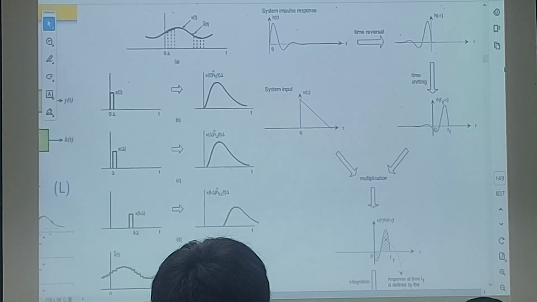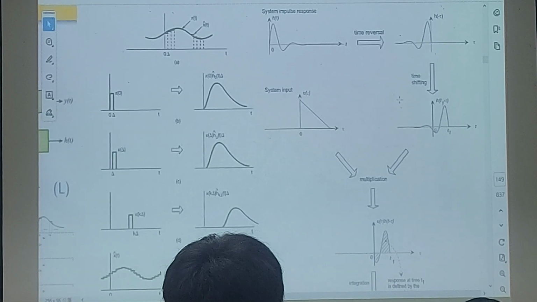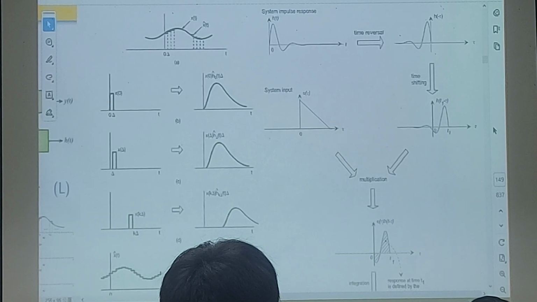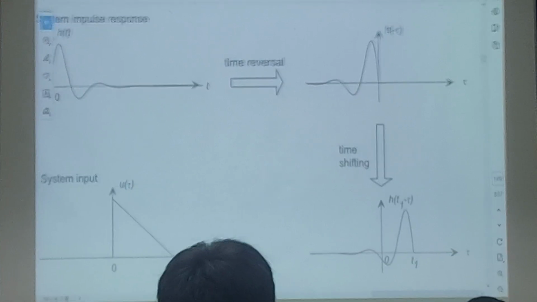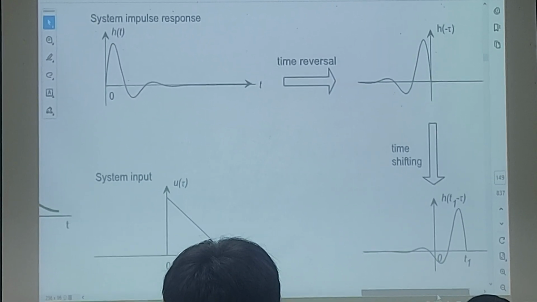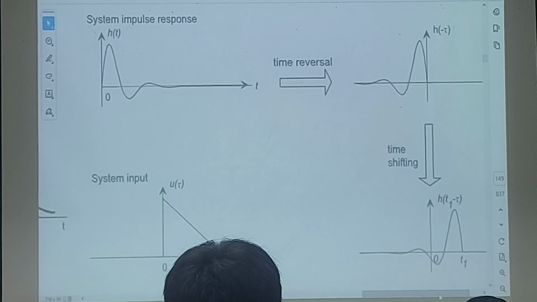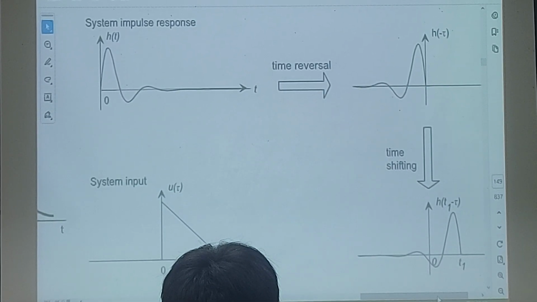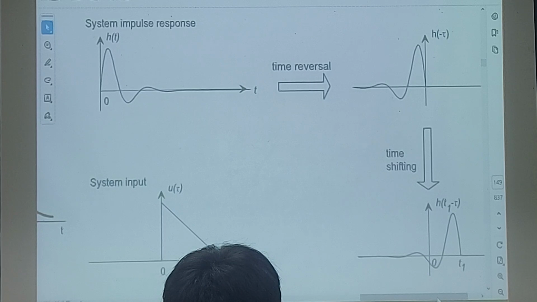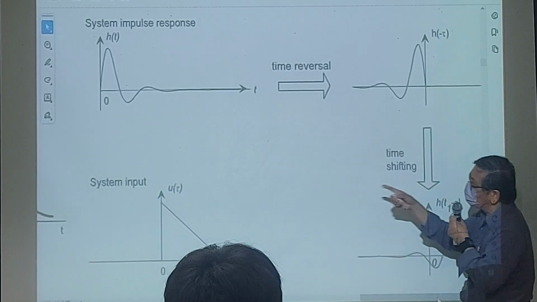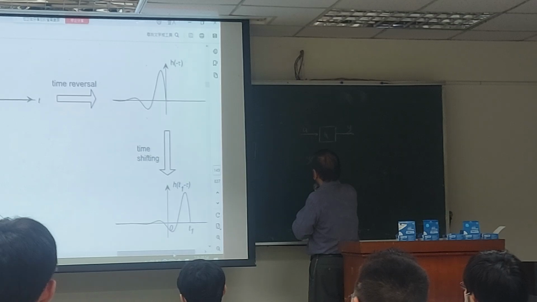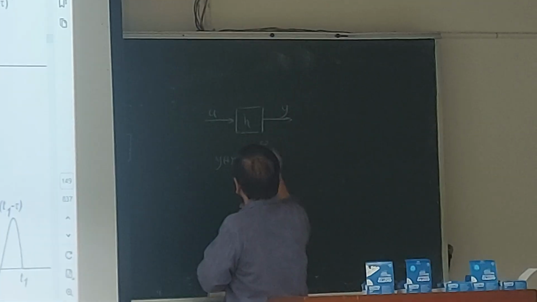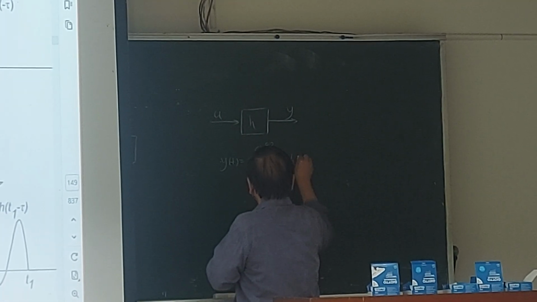All right, in this figure, we're going to review. Here are the input signals, u of tau, and h of t minus tau.